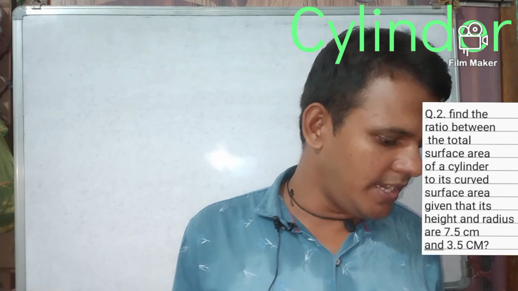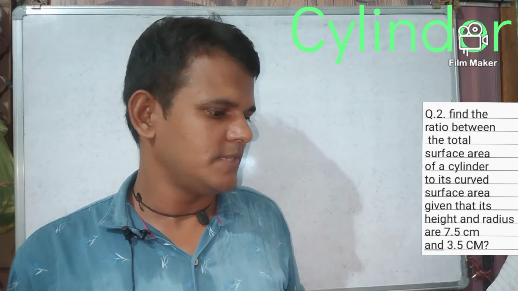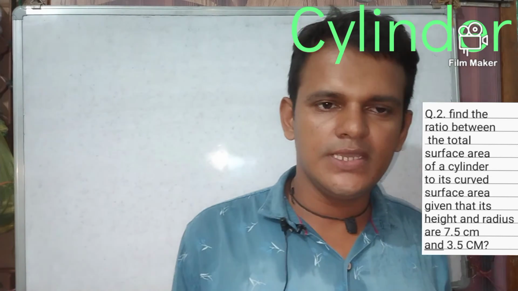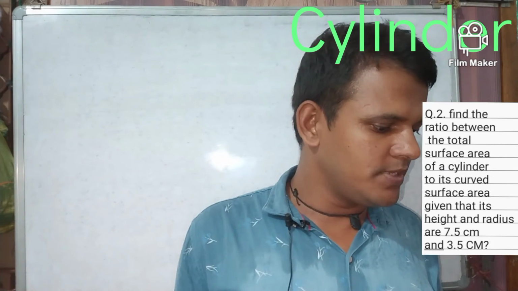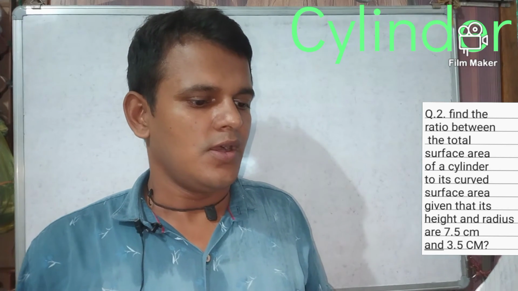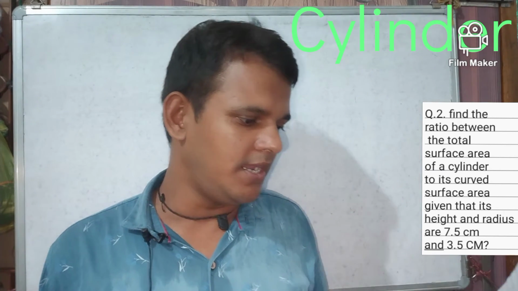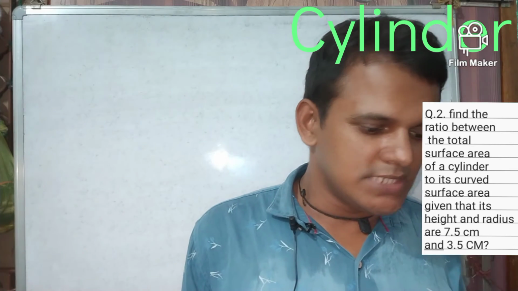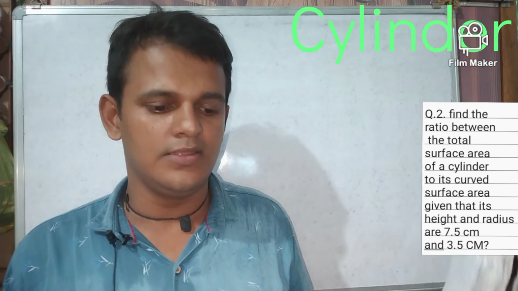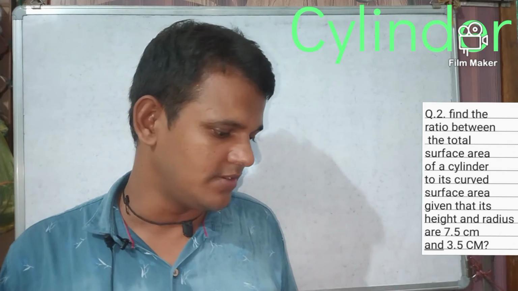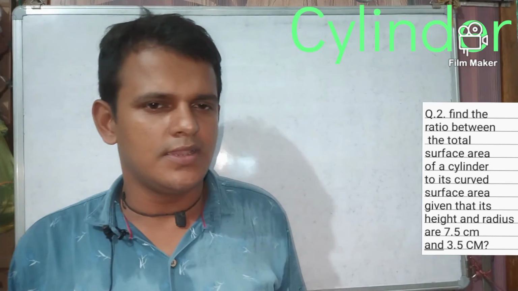Question number 2, find the ratio between the total surface area of a cylinder to its curved surface area given that its height and radius are 7.5 centimeter and 3.5 centimeter. Find the ratio between total surface area and curved surface area.